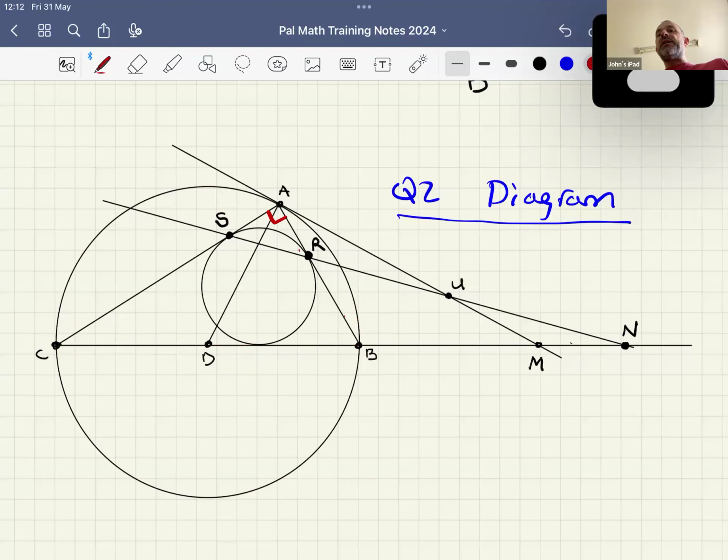So in other words, CB is the diameter of a circle. Okay, so that's the first thing to point out. I'll just label things as I go along.